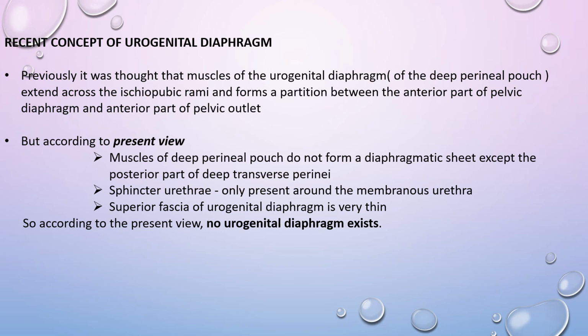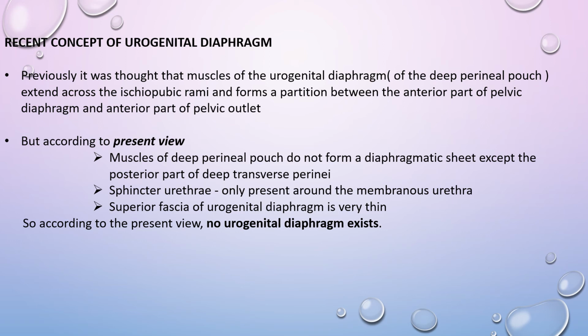Sphincter urethrae is only present around the membranous urethra. It also does not extend across the ischiopubic rami. The superior fascia of the urogenital diaphragm is very thin.